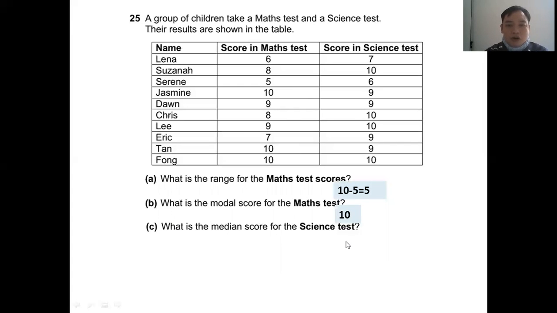For the median score, first you have to rearrange the numbers from small to big. Then you choose the middle number. So the middle numbers here are 9 and 9. Then you take the average, divided by 2, equal to 9.